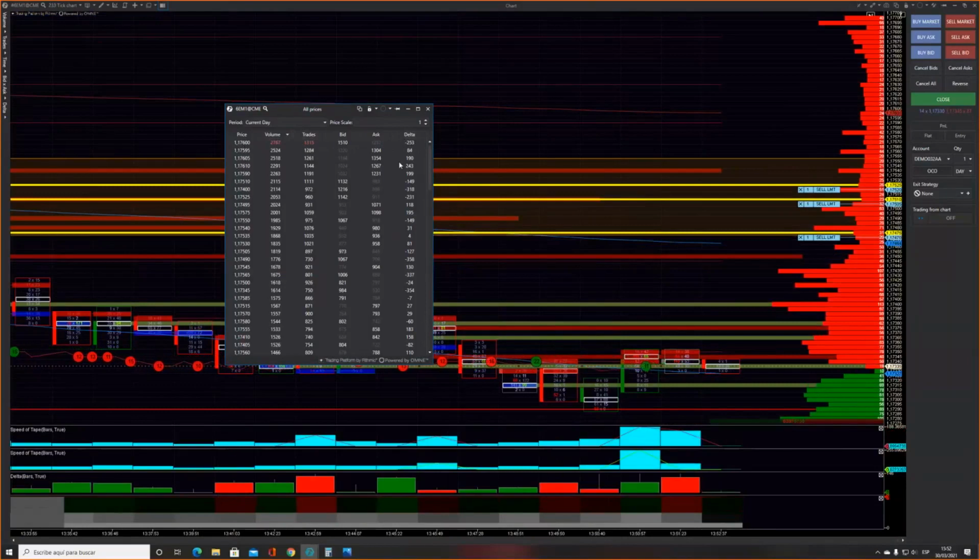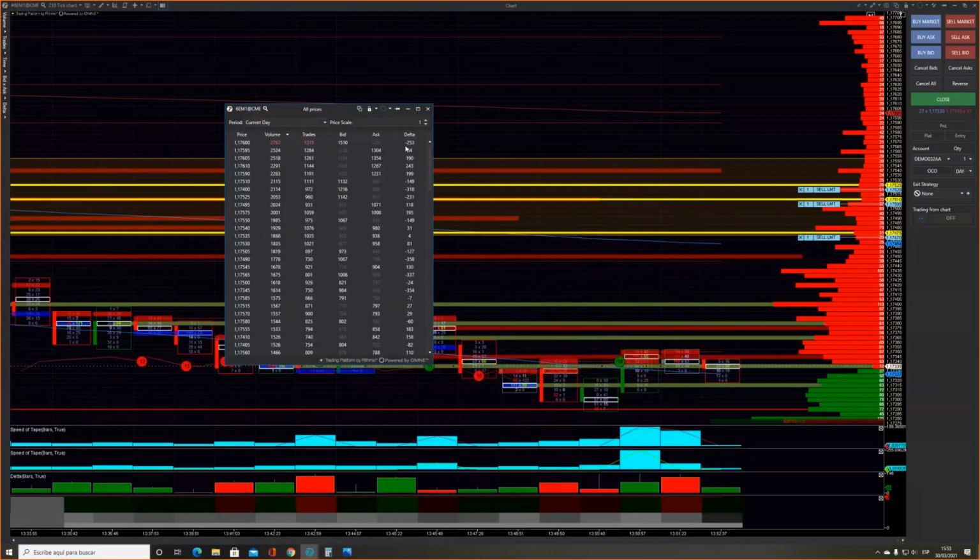This is one of the other factors I take into account when choosing my bias, which is selling in this case, because I know that at this price 1,300 contracts were mostly sold, 253 more than buyers. So that makes a big difference.